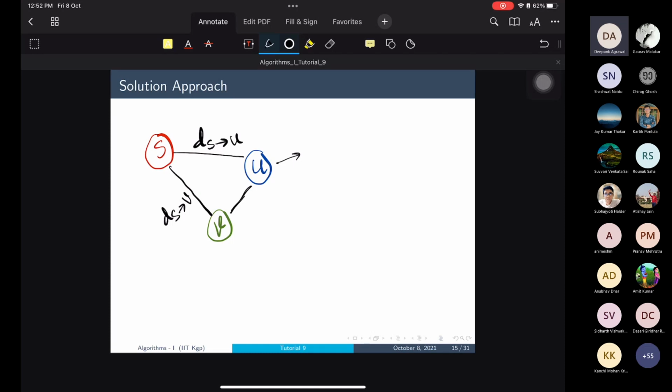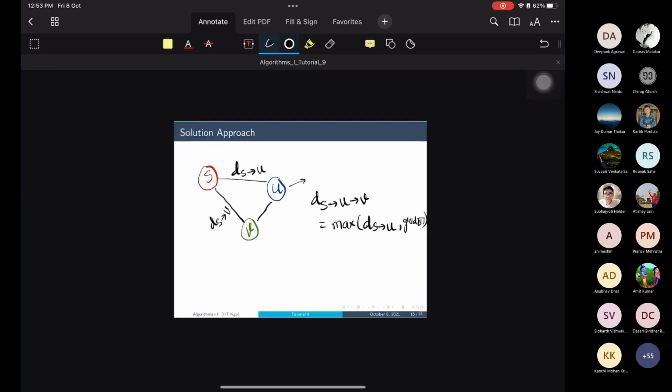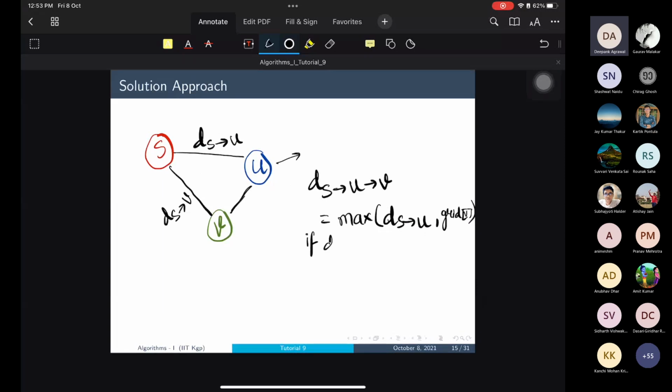So for V, we can update it as the time taken to reach V via U will be maximum of dsu, comma, the elevation at V, which will be grid V. And the condition will be if the previous distance that we know is greater than dsu to v, then we can update.